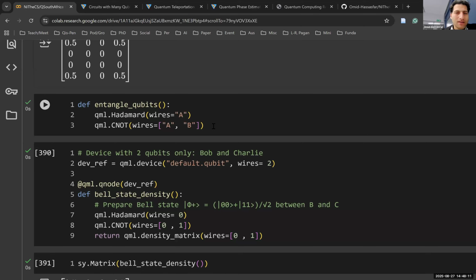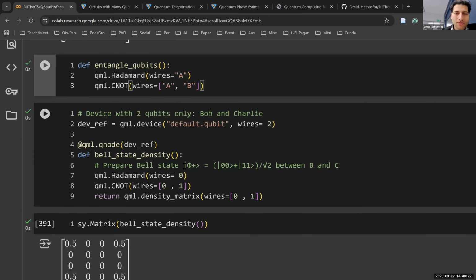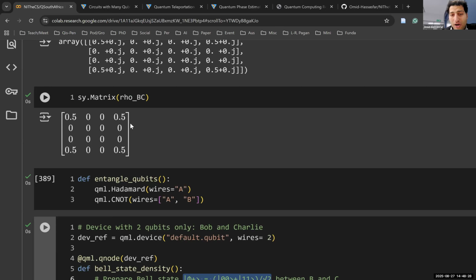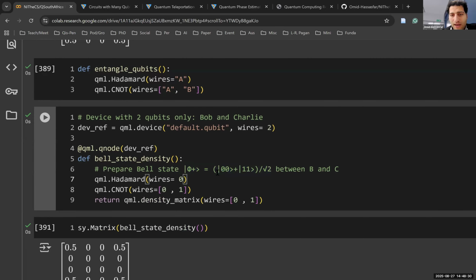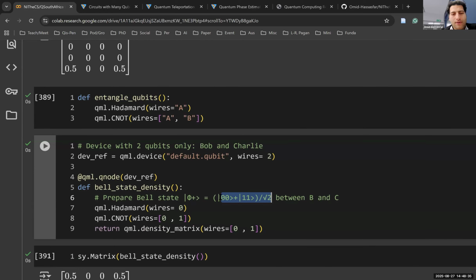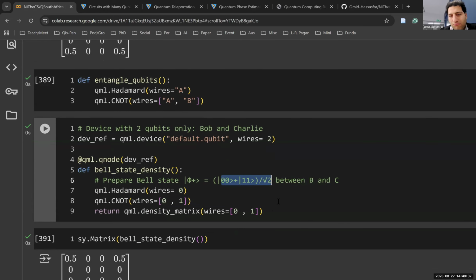I just use A and B to show you what happens if I create an entangled qubit pair. If I apply these gates, I want to show you that this is exactly what we get here. Maybe you can say this is just a vector, but I showed you the matrix. Okay, no worries, it's fine.